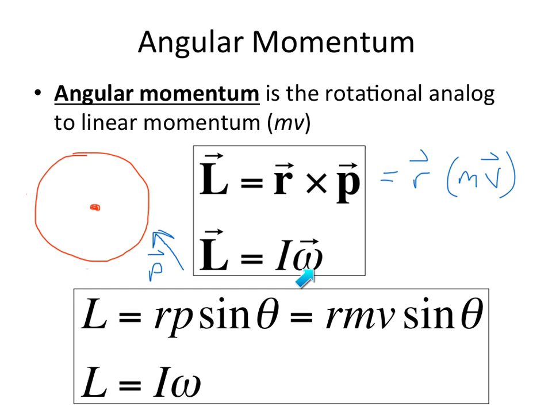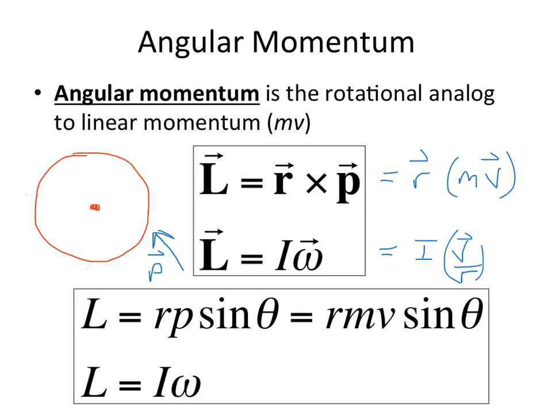And you'll recall, by the way, omega can be written as v over r, velocity over radius. There are a couple of different ways to write angular momentum in terms of whatever values you have.